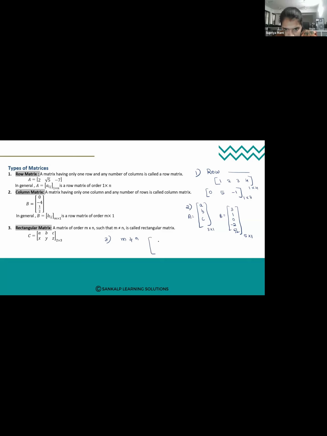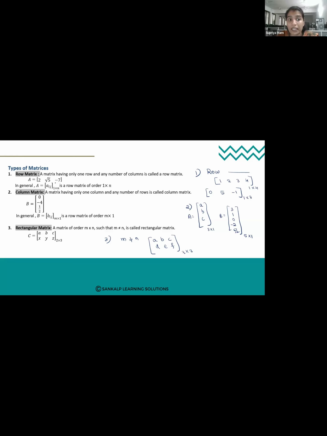Example, A, B, C, D, E, F. In this matrix there are 2 rows, 3 columns. So it is a matrix of order 2 by 3. Number of rows should not be equal to number of columns. Matrix with unequal number of rows and columns is an example for rectangular matrix.